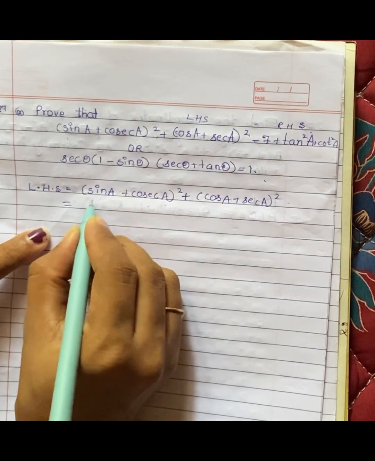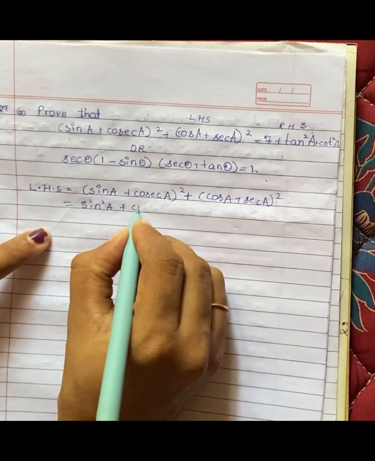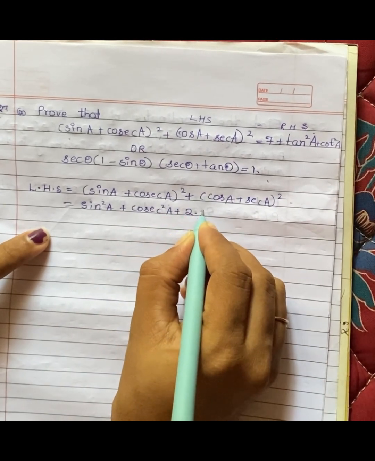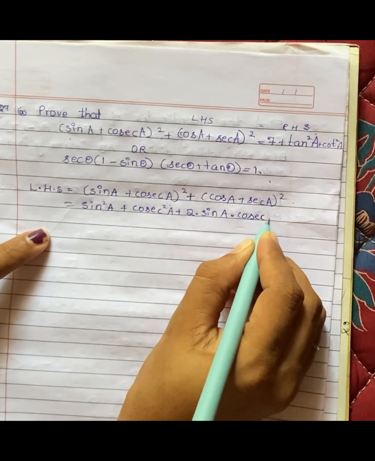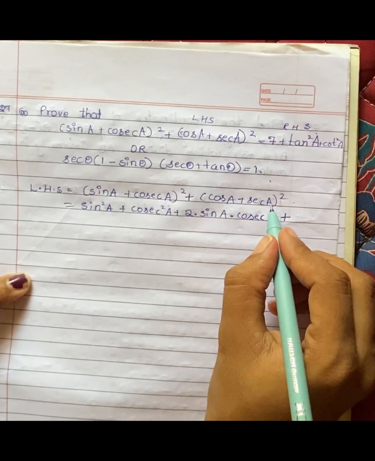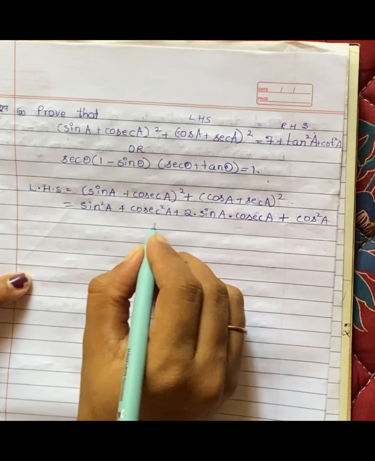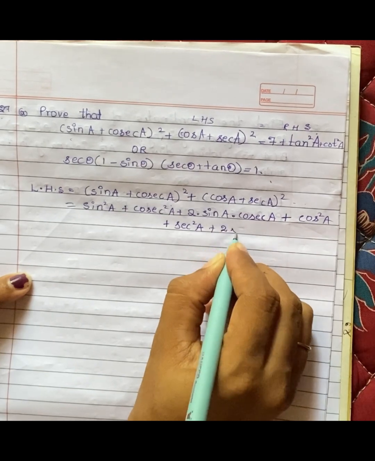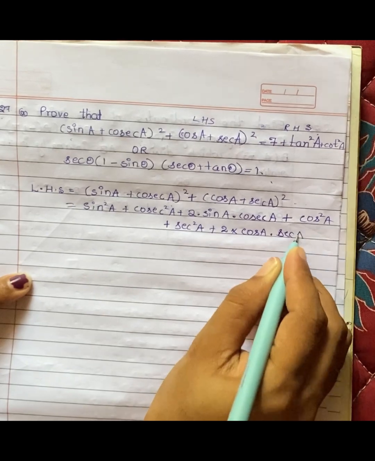So when I write it, that will become sin squared A plus cosec squared A plus 2 into sin A into cosec A, plus cos squared A plus secant squared A plus 2 into cos A into secant A.